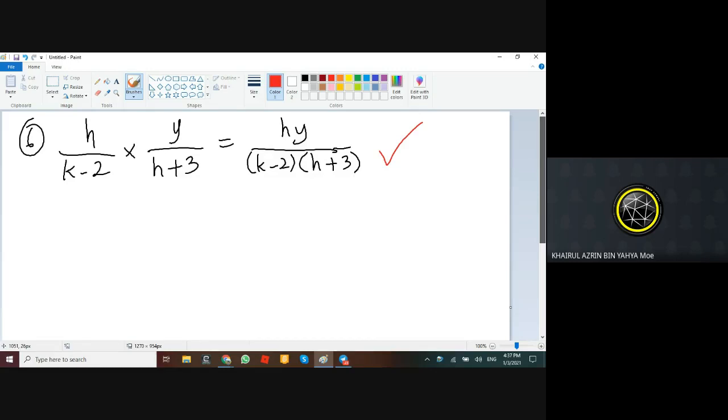Okay, now we go to question number 7. 2r over s minus 2 times s minus 4 over r plus 5.